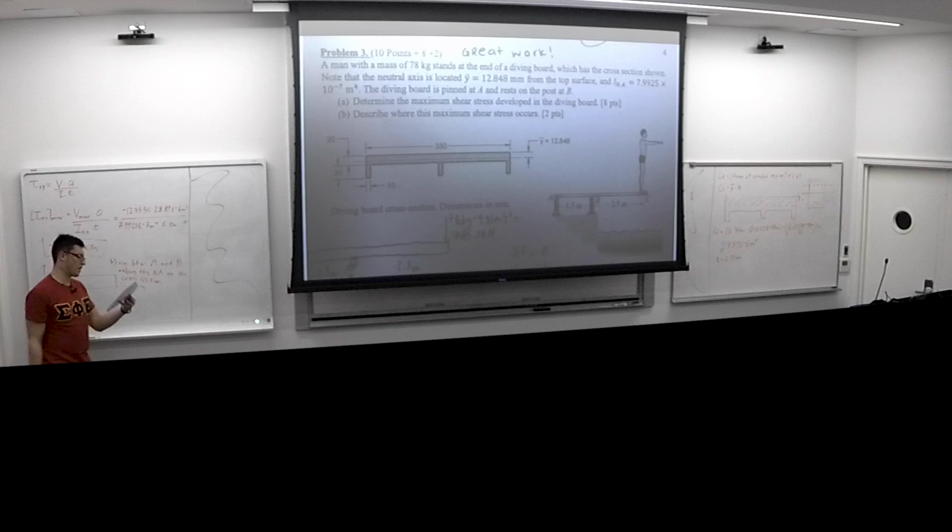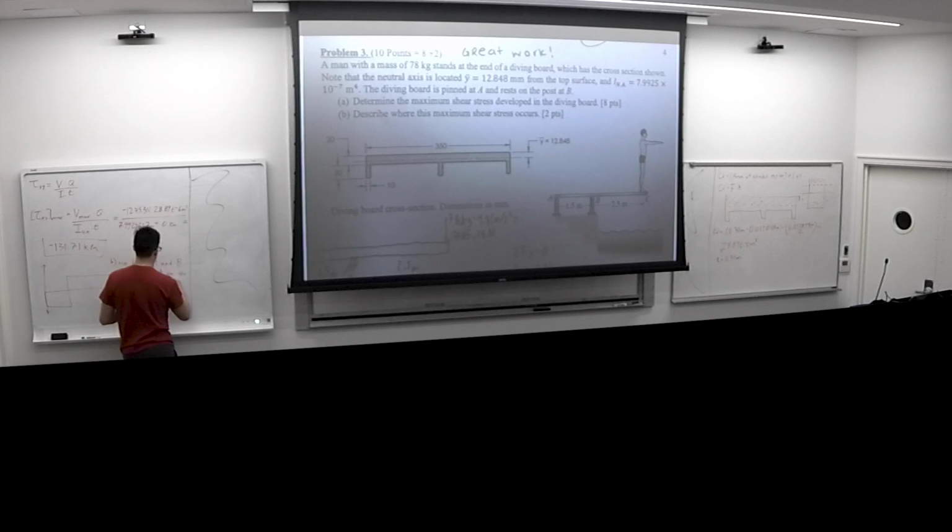And just for the sake of thoroughness, on mine I included, I said along NA on the cross section, which is 12.848 millimeters from the top. That way I was 100% clear about what region I was talking to. And that was just me saying where the location was, but that was the whole thing for part B.